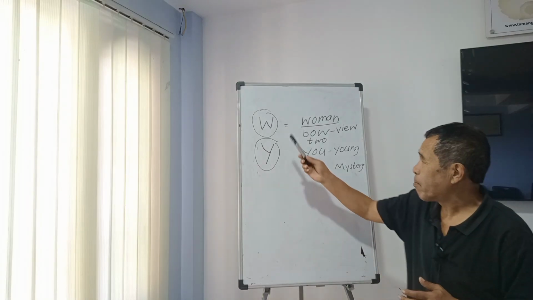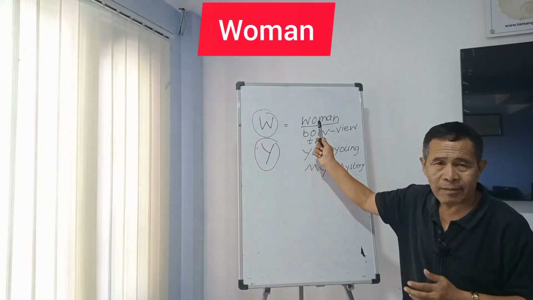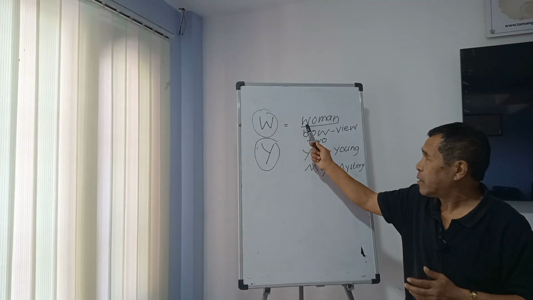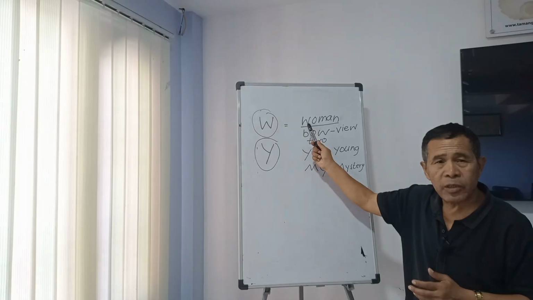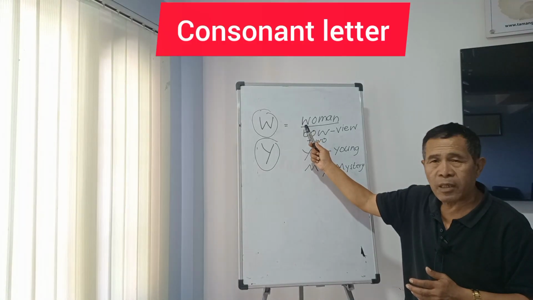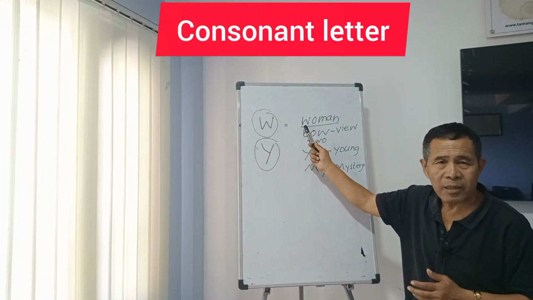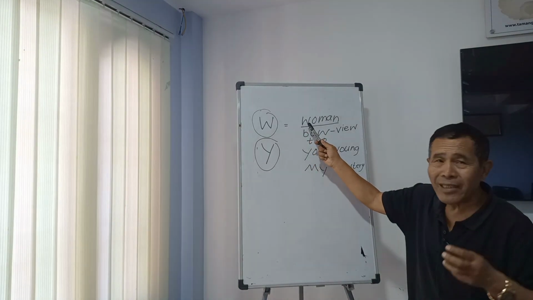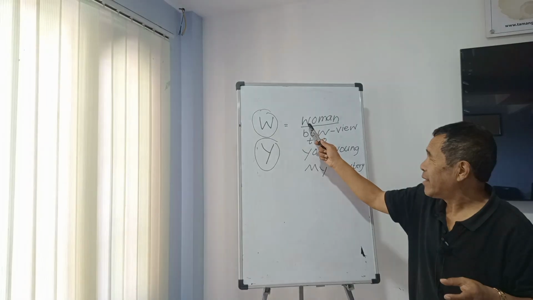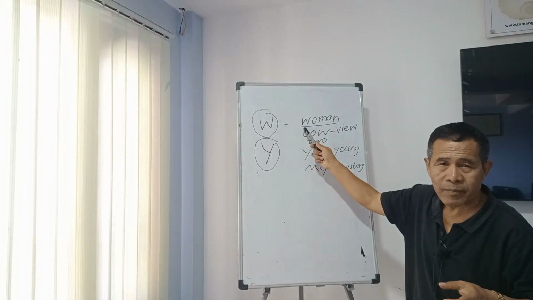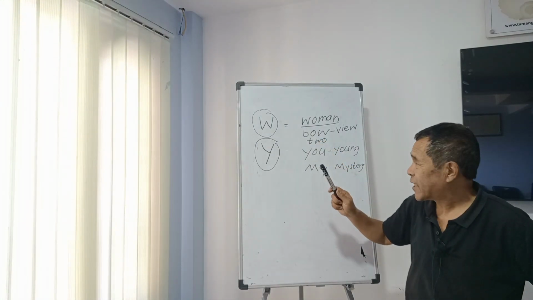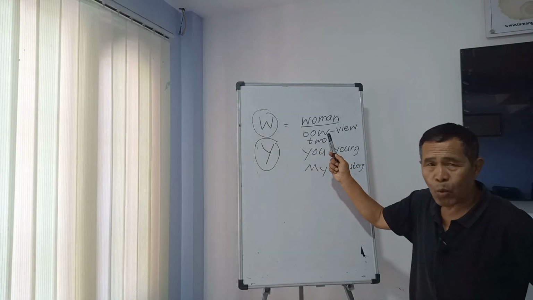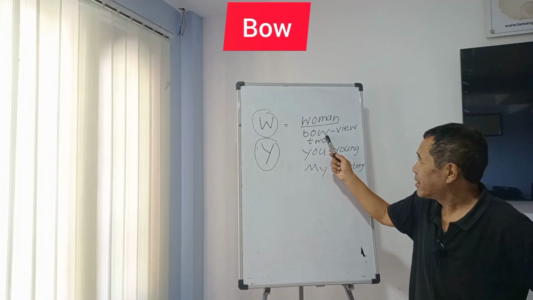For example, here, woman. Now here we use it as a consonant letter. Woman. So it is at the beginning of the word. Now next, bow. It is at the end.